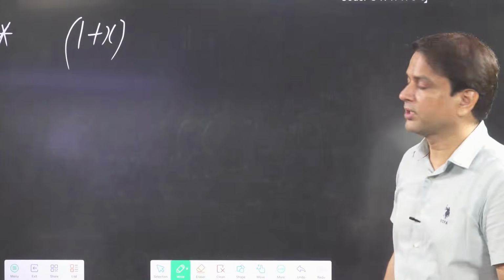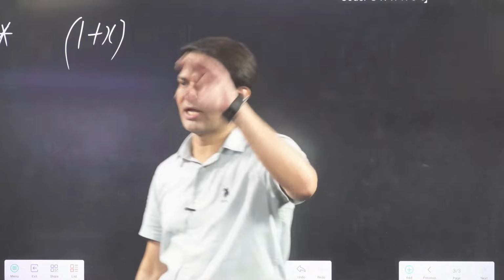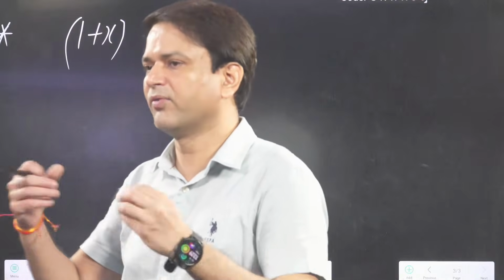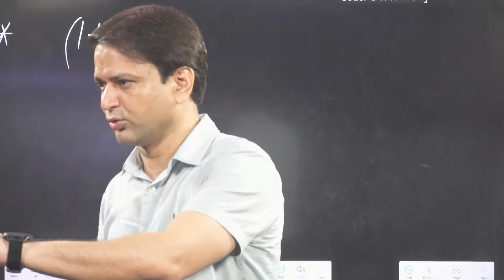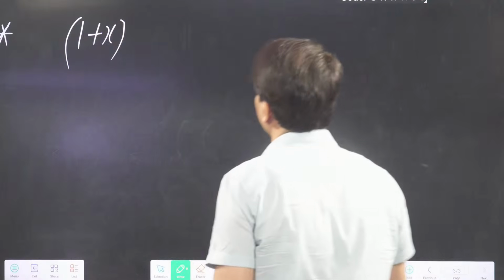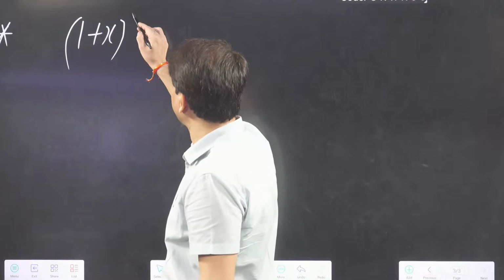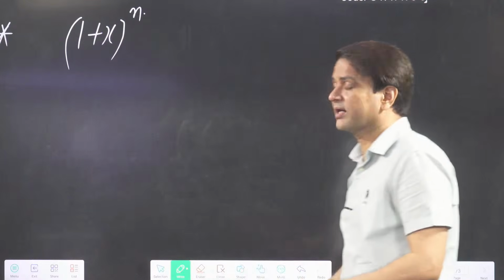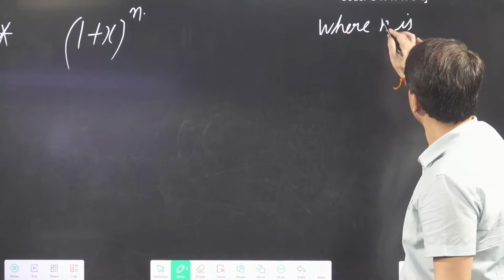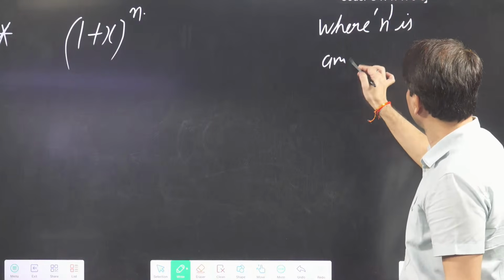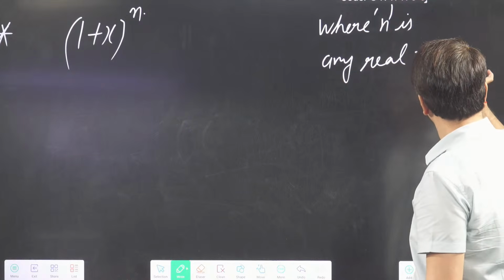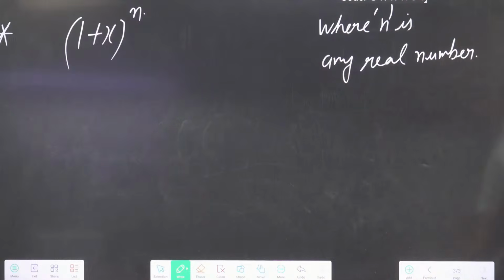Everybody getting or not? We have learned in engineering one series that we can expand any type of power, but that is not required for you. In physics, what we mainly require is the binomial term like 1 plus x to the power n, where n is any real number.